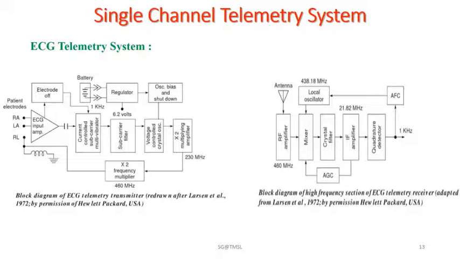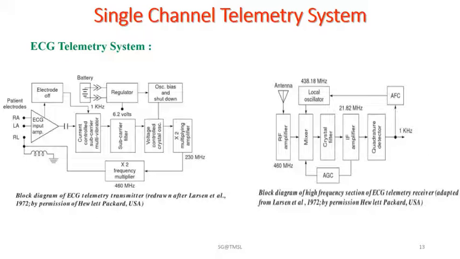First, this is the single channel telemetry system, where only one parameter is to be telemetered, and commonly telemetered parameters using this single channel telemetry are ECG and temperature.